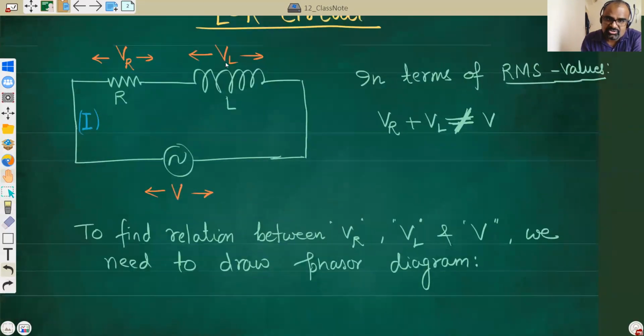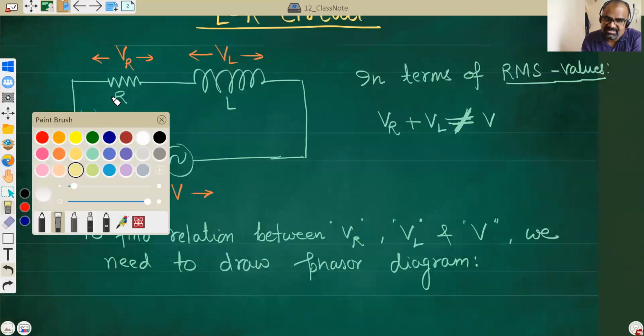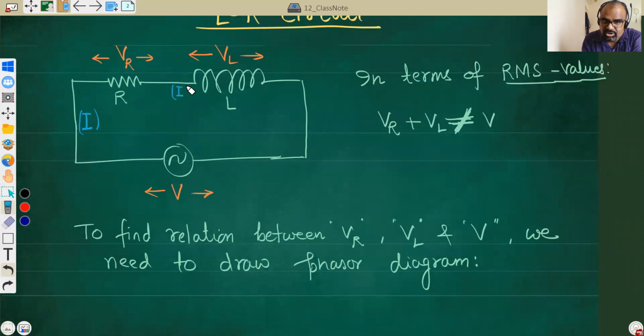Now let's focus on the inductor. By the way, the same current will pass through the inductor also. So do you know the current through the inductor and the voltage across the inductor are not in the same phase? In fact, the voltage across the inductor leads the current by 90 degrees, leads, not lags behind.